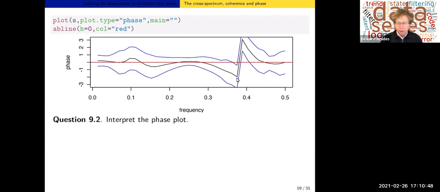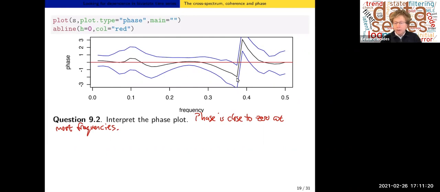And so we see that at most frequencies, phase is close to 0. At least 0 phase is well within the 95% confidence interval.